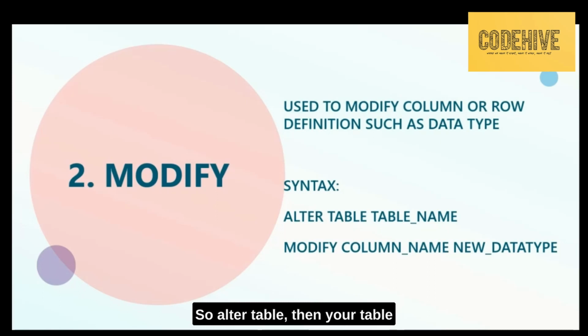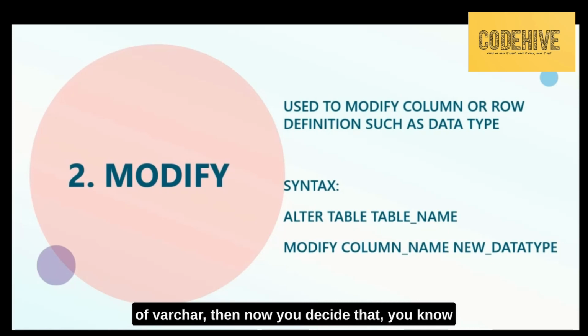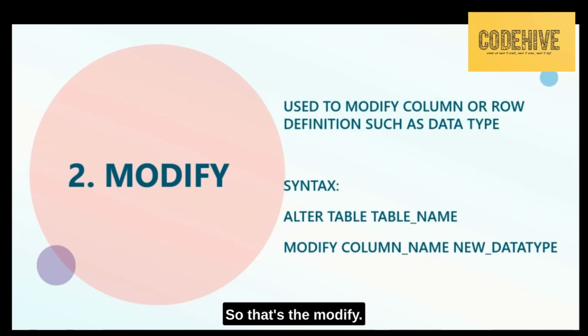So alter table, then your table name, modify the column name, and now you specify the new data type. So if your column had a data type of varchar, and now you decide that you want to change it to a number, then you can actually do that without having to delete your whole table and all that. So that's the modify.